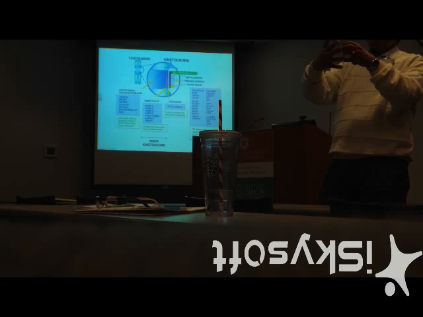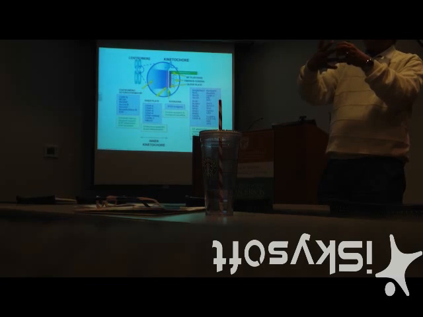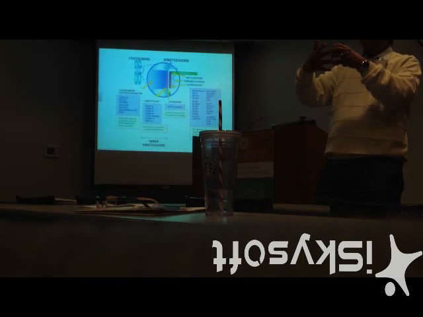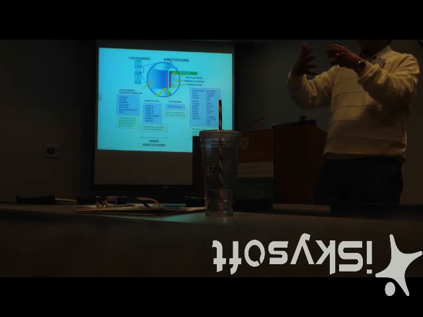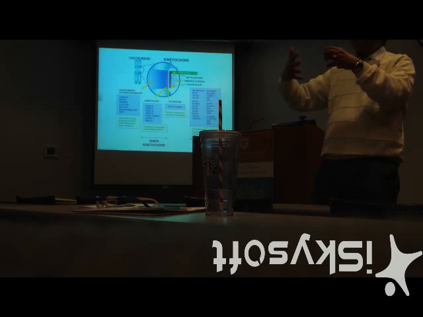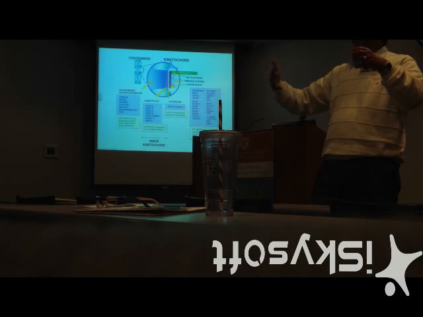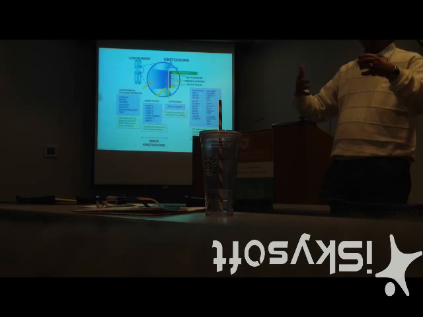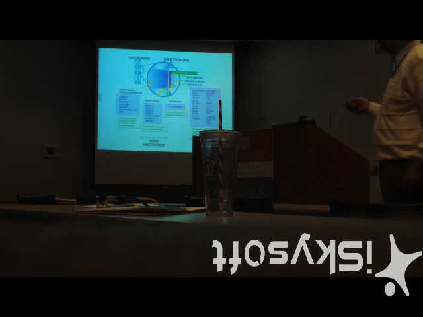And similarly, when the cell is ready to divide, the microtubules, the spindle, start shortening, and that pulls these chromatids apart, all right? So this is a dynamic process, and this dynamic process is actually regulated by these sets of proteins, okay?